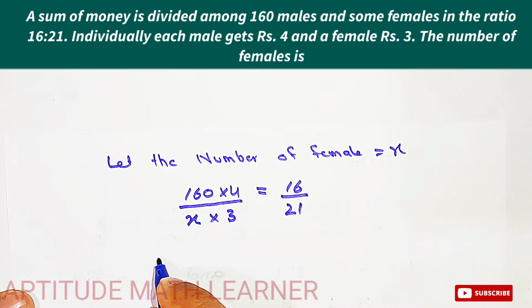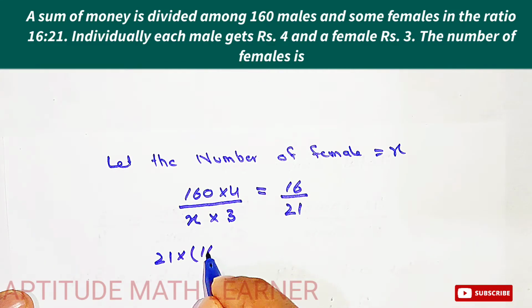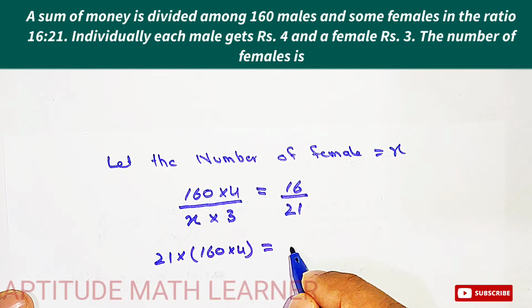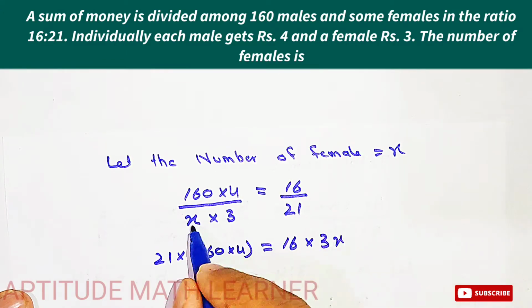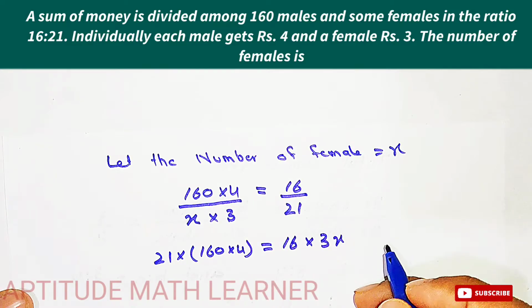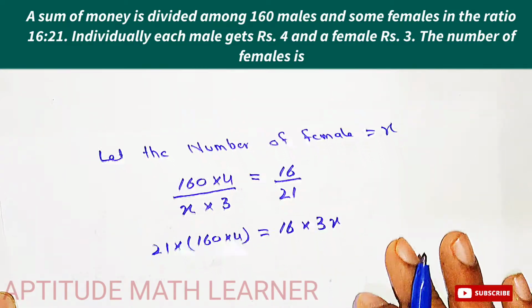So this becomes 21 multiplied by 160 multiplied by 4 is equal to 16 multiplied by 3X. So this is 3X, and it goes upward and multiplies by 16.